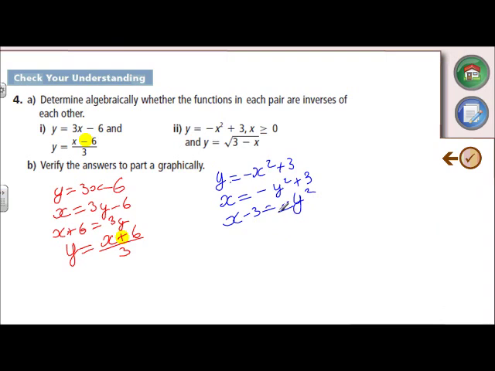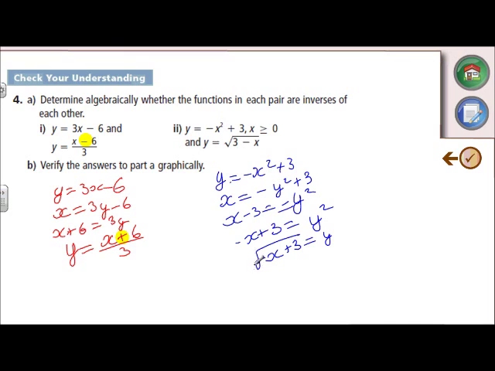That looks like a double equal sign, but it's not. And square root, oh no, divide by negative 1 there. So then we've got negative x plus 3 equals y squared. Square root both sides. And we get the square root of negative x plus 3 equals y.